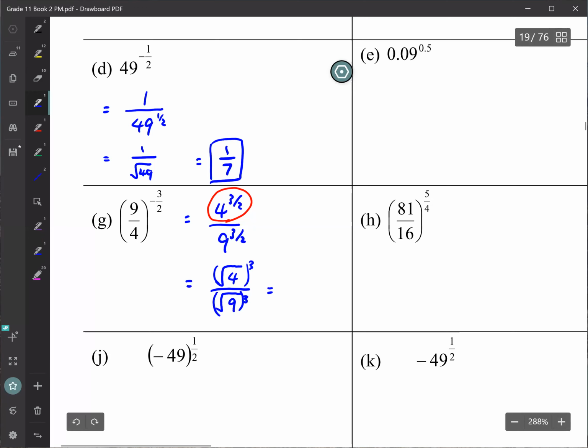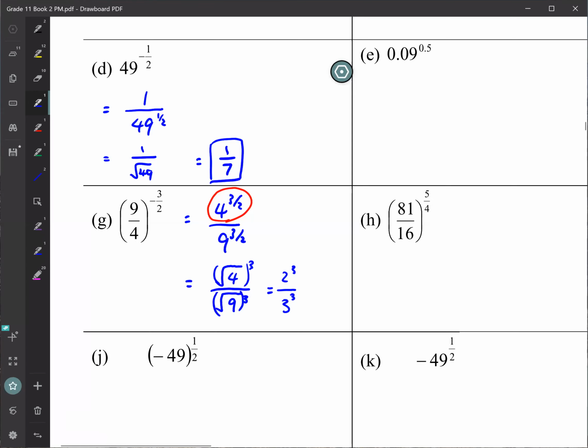Now, can you tell me what to do next? Once you find the numbers, what does it become? It'd be 2 to the power of 3 over 3 to the power of 3. Right? And then are we done?